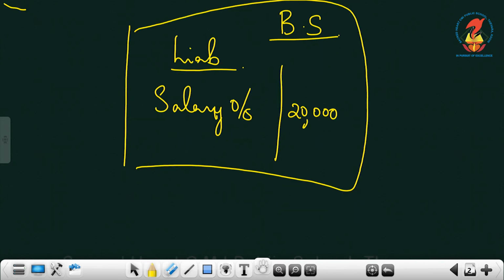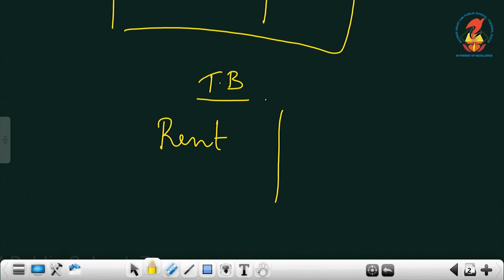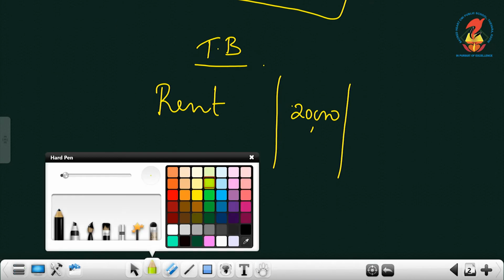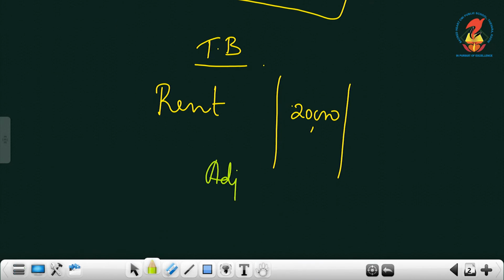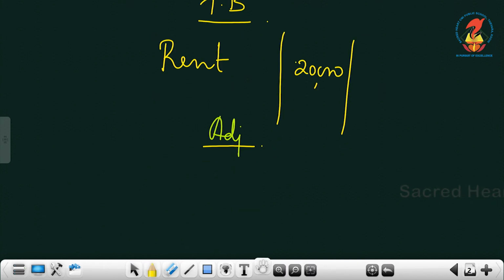Suppose in your question, inside the trial balance they have given one rent amount of rupees 20,000. This is not an adjustment. One which is given inside the trial balance is not an adjustment.